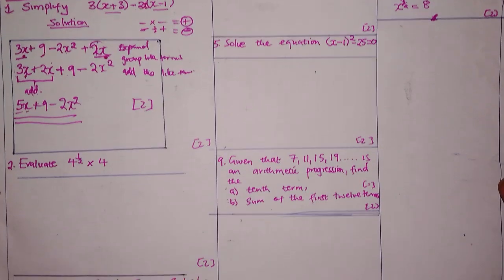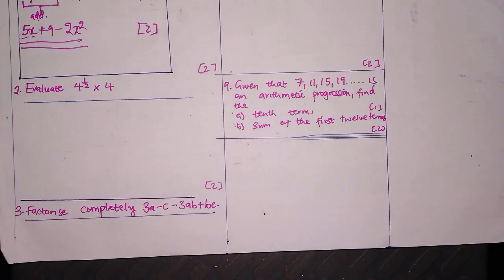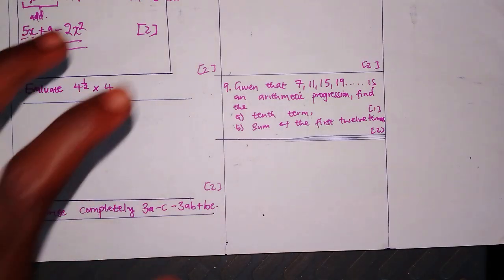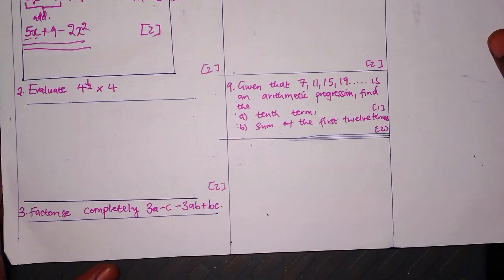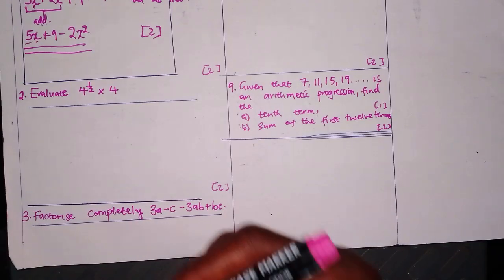So moving on to our second question, which is evaluate 4 1/2 times 4. Whenever we look at this question, I won't waste much time. Remember the laws of indices.